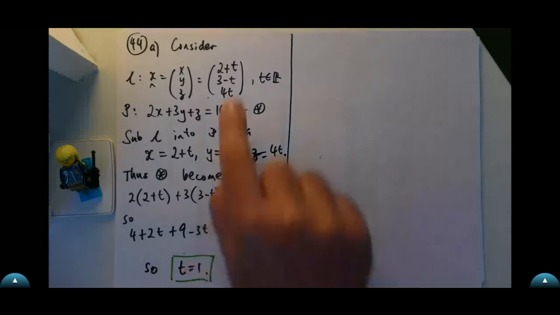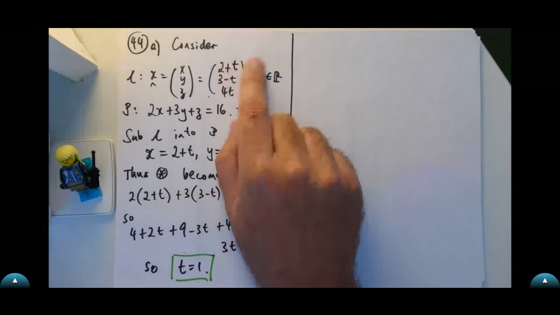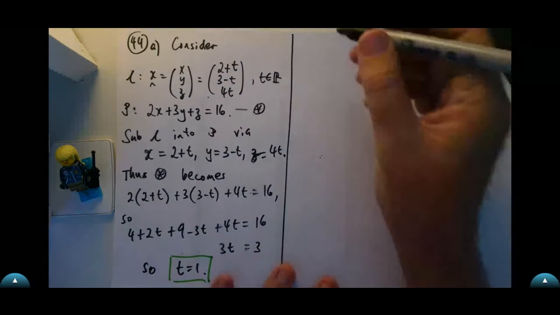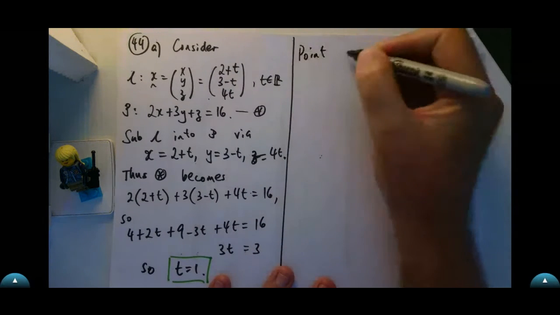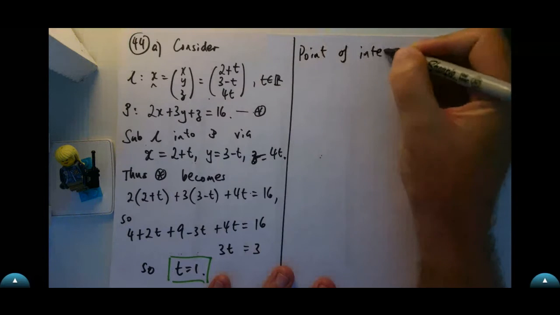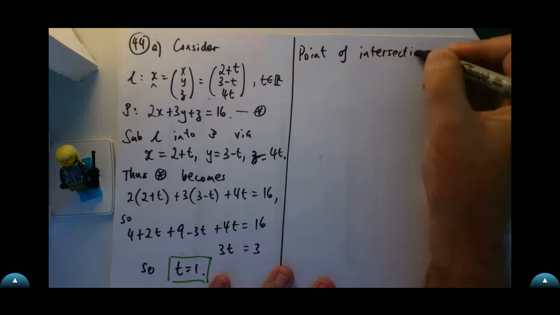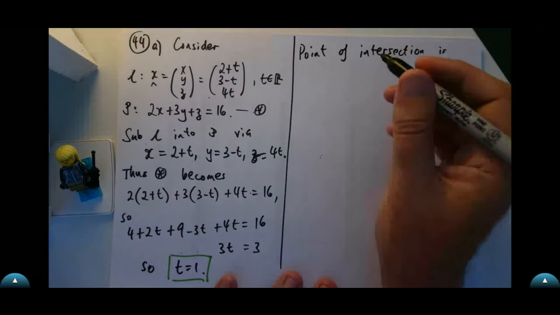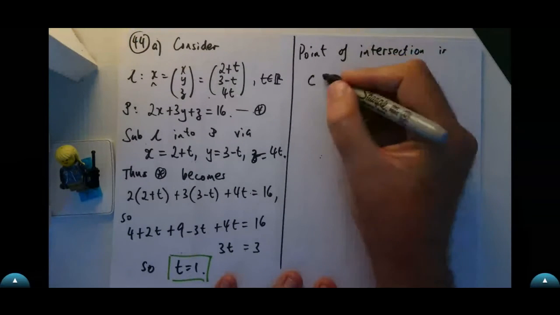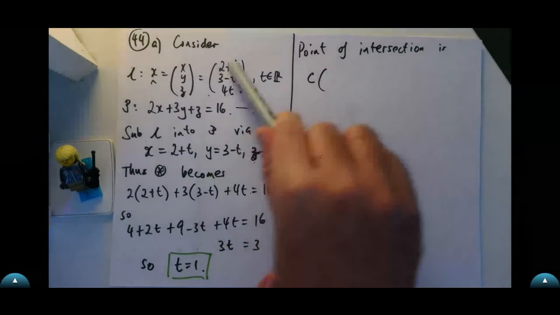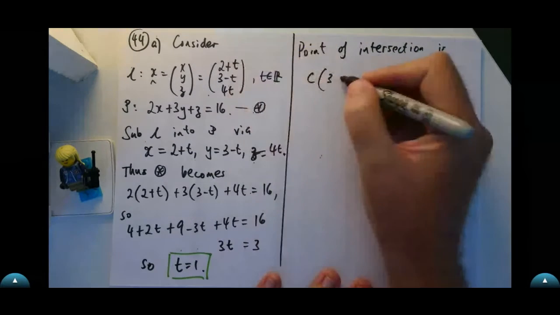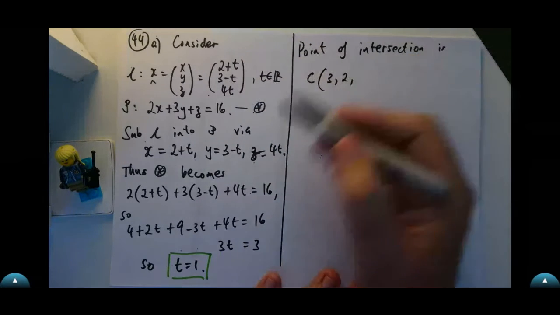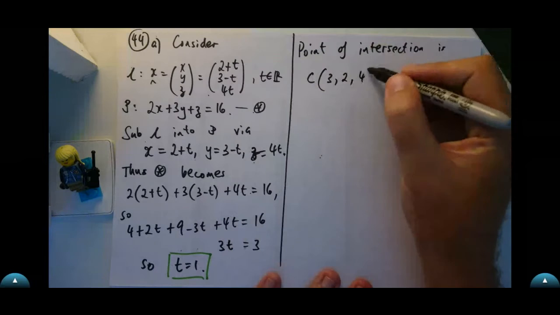So let's take that value of t, put it in here, and find the point associated with it. Let's call it C. When t equals 1, x equals 2 plus t, y will equal 3 minus 1, and z will equal 4.